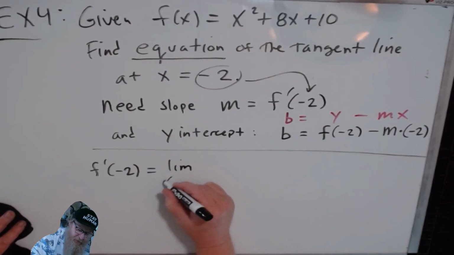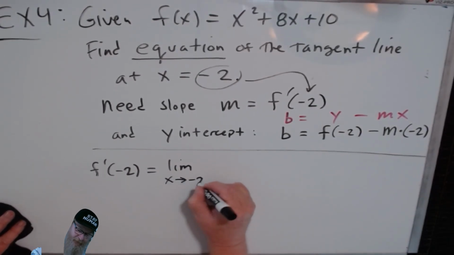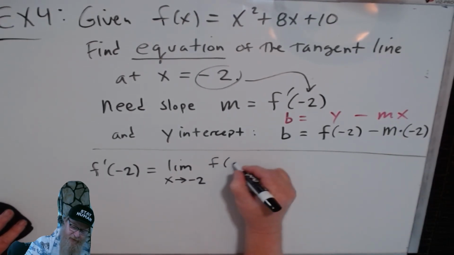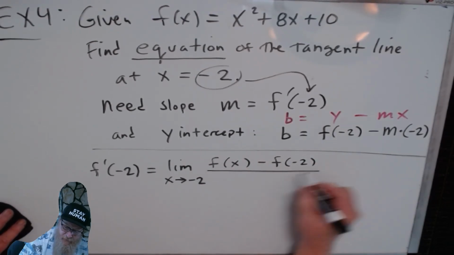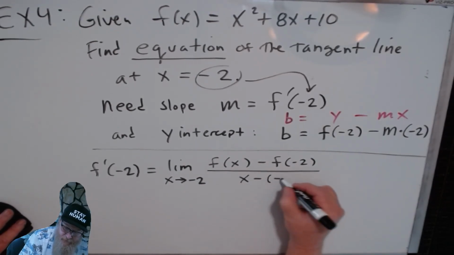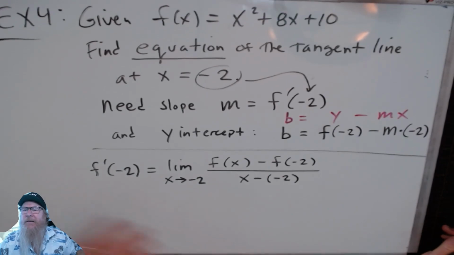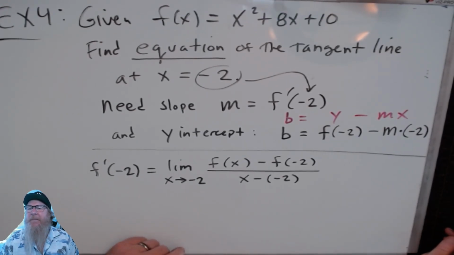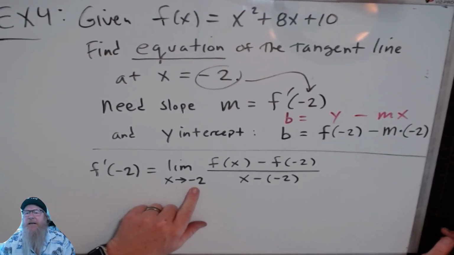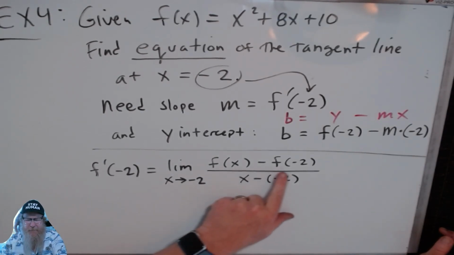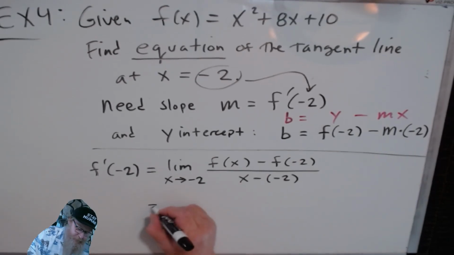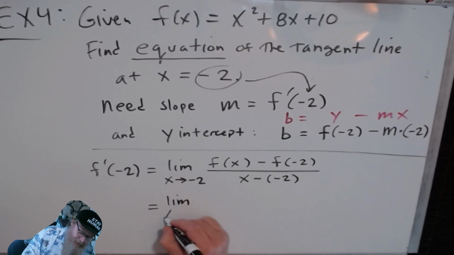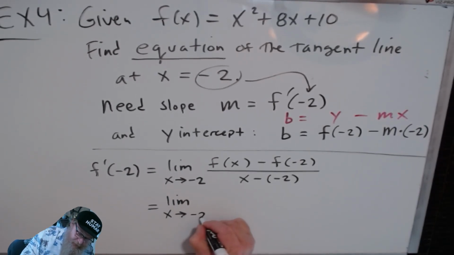Going back to the first example, I like using the option 1. There's my option 1. So the limit as x goes to negative 2 of f of x minus f of negative 2 over x minus negative 2. This is the quicker of the options.